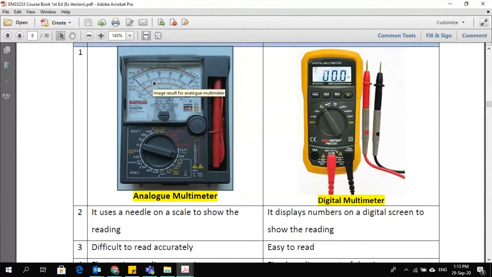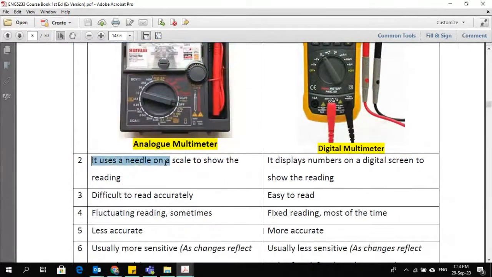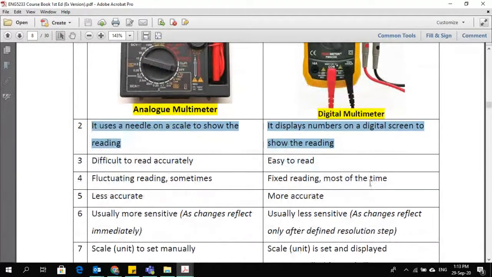The needle moves onto a scale and you can see the speed of the car. So again, there is a selector switch, same as in the digital, and there are connecting leads. The main difference is basically a needle on the scale, and on the digital it's numbers giving you the reading. So analog uses a needle on a scale to show the reading, while the digital shows the number.